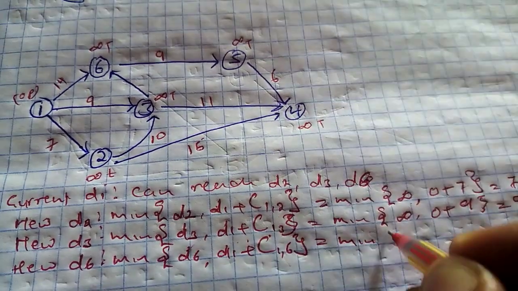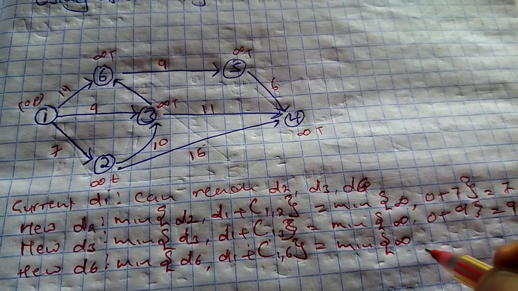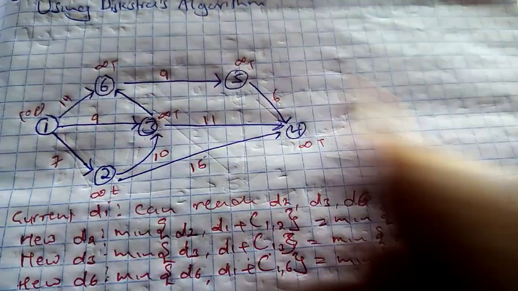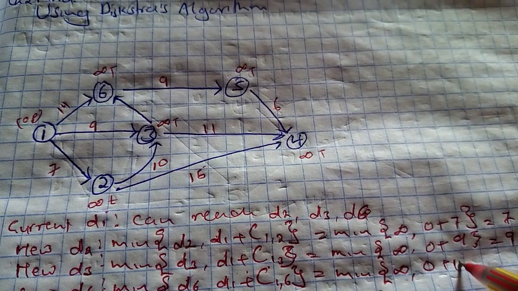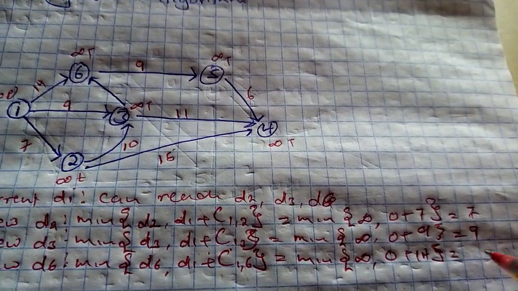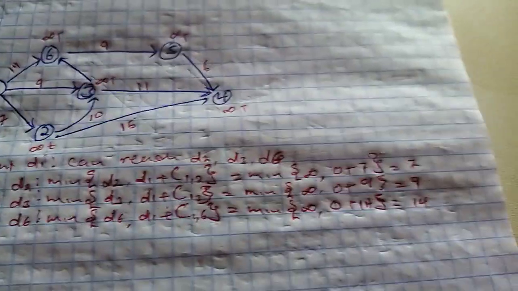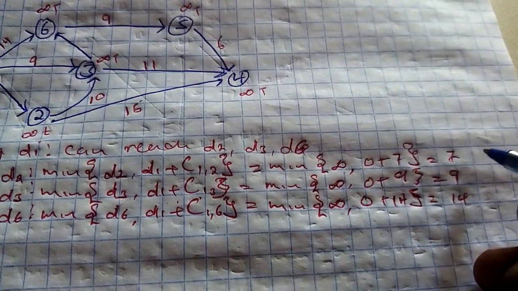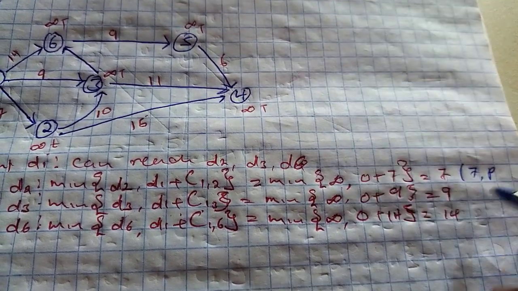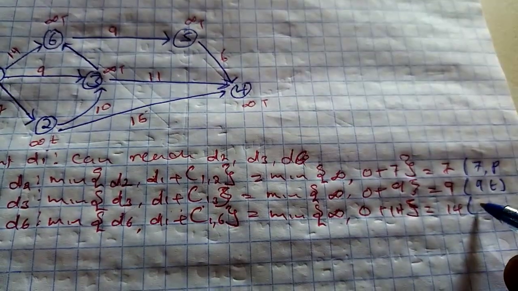D6 is also infinity, and 0 plus our weight of 14 gives us 14, so the minimum is 14. So of the three, the smallest we identify as permanent: this is 7p, this is 9t, and this is 14t.